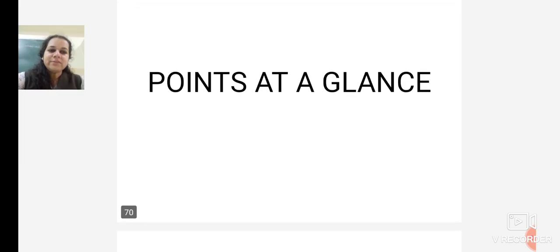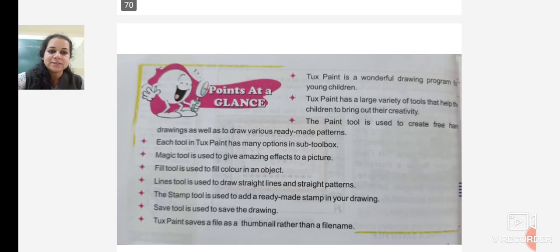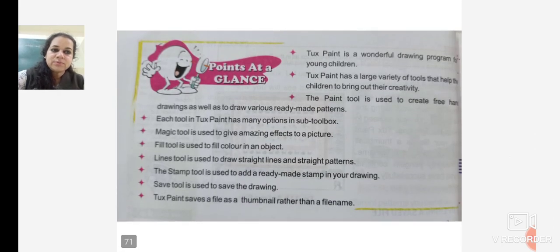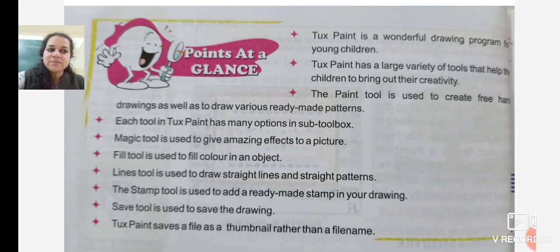Now we move ahead with the points at a glance. What all we studied in the chapter, we will see in points at a glance. Tux Paint is a wonderful drawing program for young children. Tux Paint has a large variety of tools that help children bring out their creativity, as we saw in the chapter.